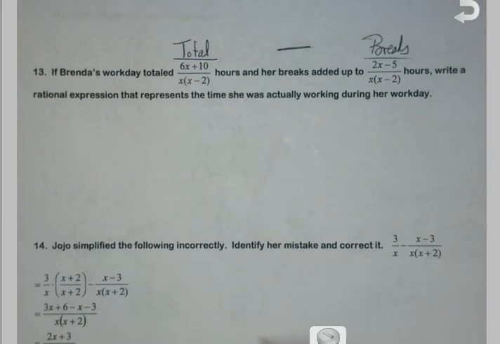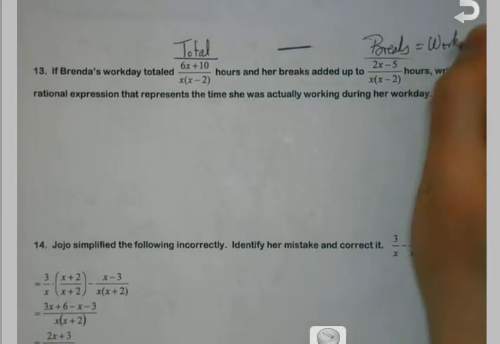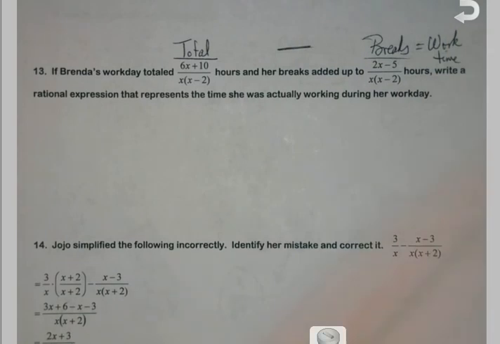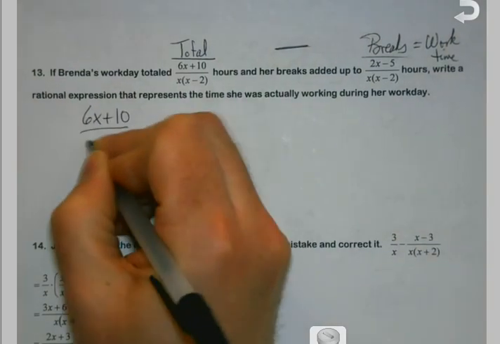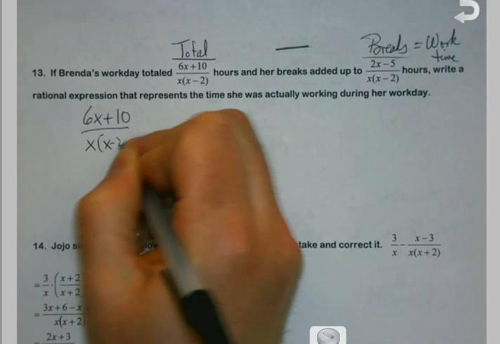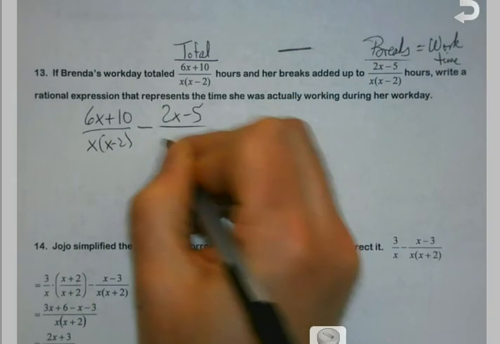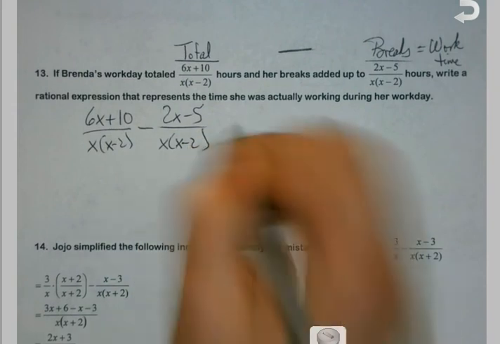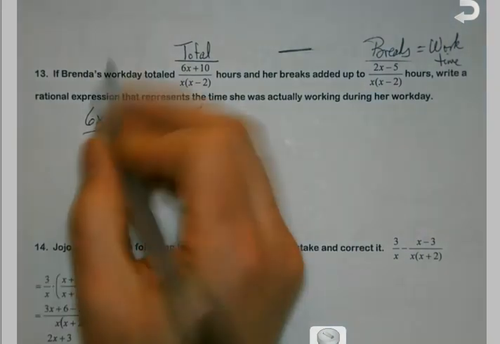If you take the total amount of time you work minus the breaks, that equals how much time you'd work. You're like, oh. So basically, you just gave me a story problem to tell me to do this, because if I do total minus the breaks, I figure out how much time she actually worked. Correct.